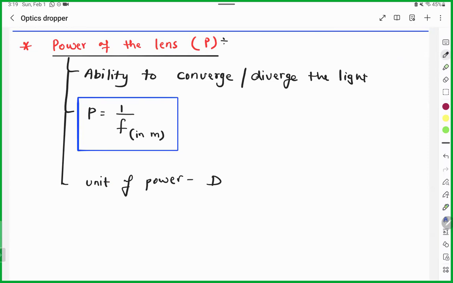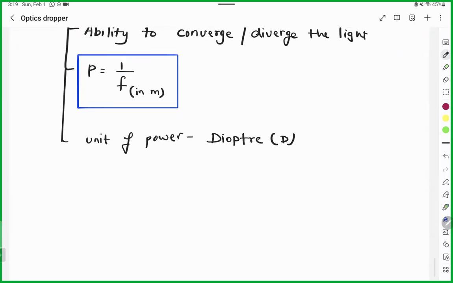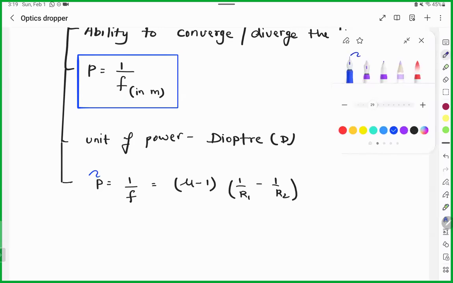You know this, so I won't take much time on this. But this is extremely important, that our power is equal to 1 by f. And you know 1 by f was equal to (mu minus 1) times (1 by R1 minus 1 by R2). Correct?